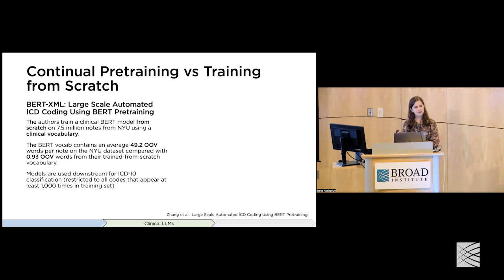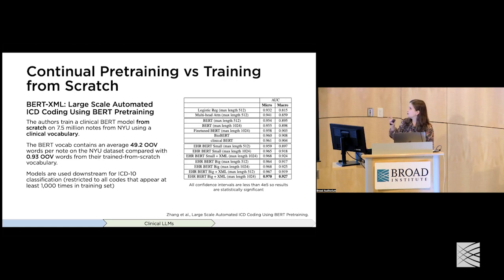And they evaluate these models that are trained from scratch on the task of ICD-10 classification. ICD-10 is basically an ontology that you can use to describe procedures or diseases that are associated with a visit. It's often used for billing.